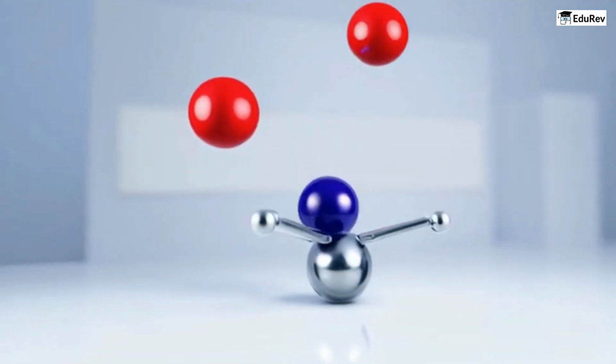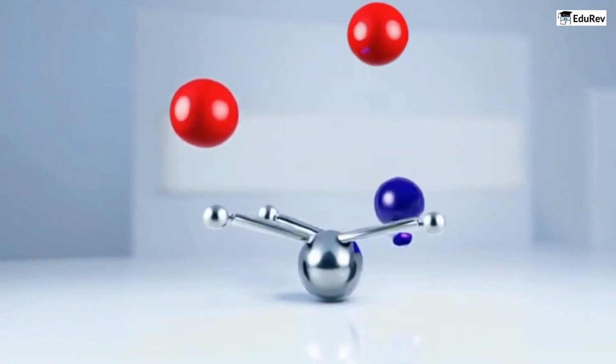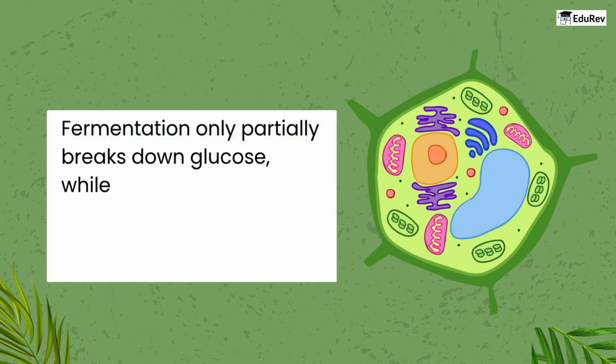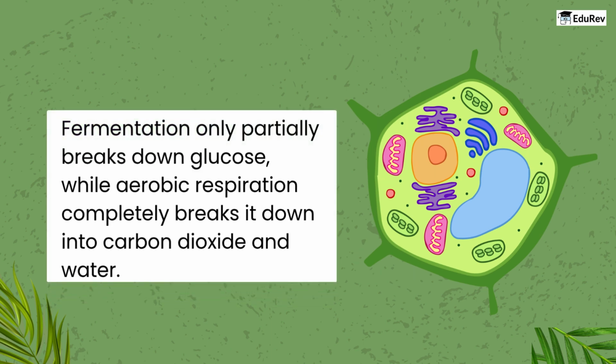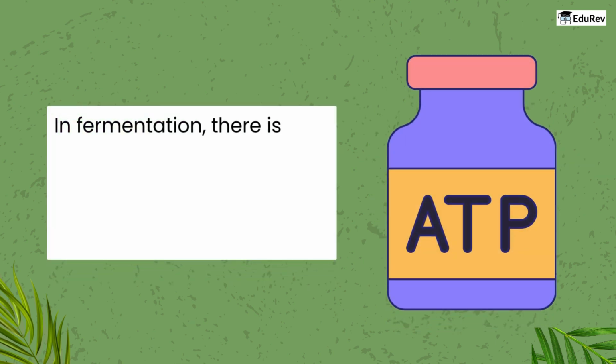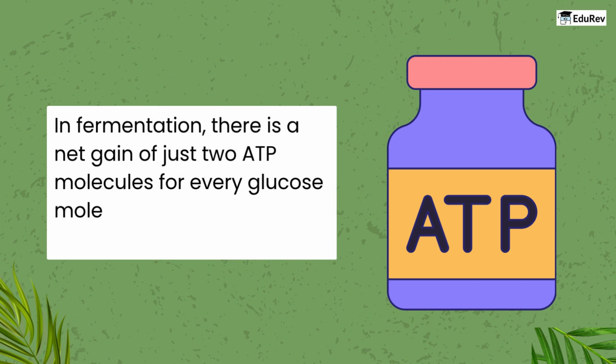Now, let's compare fermentation with aerobic respiration. Fermentation only partially breaks down glucose, while aerobic respiration completely breaks it down into carbon dioxide and water. In fermentation, there is a net gain of just 2 ATP molecules for every glucose molecule converted into pyruvic acid.